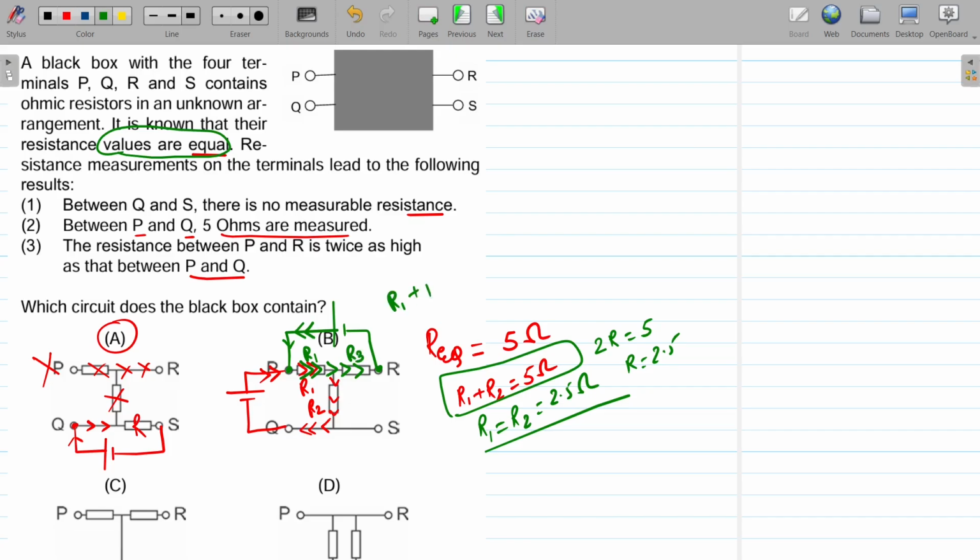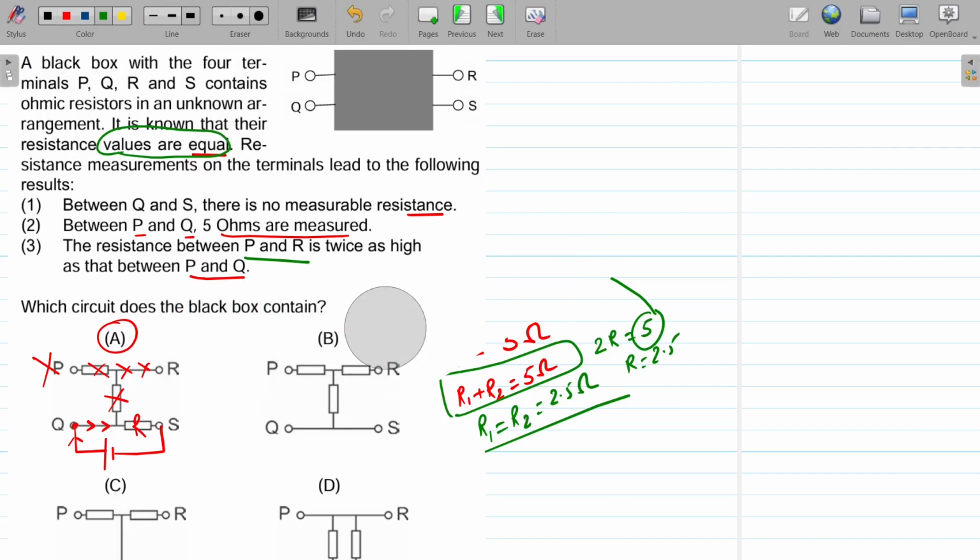R1 and R3 are in series, so again 2.5 plus 2.5 is 5. That is not correct, because the resistance between P and R should be twice that between P and Q. If the resistance between P and Q was 5, it should be 10. So the third condition is not satisfied here, and option B should not be our answer.